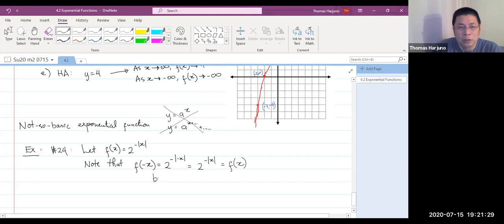But because f(negative x) equals f(x), it means when we reflect with respect to the y-axis, it will match the original graph.